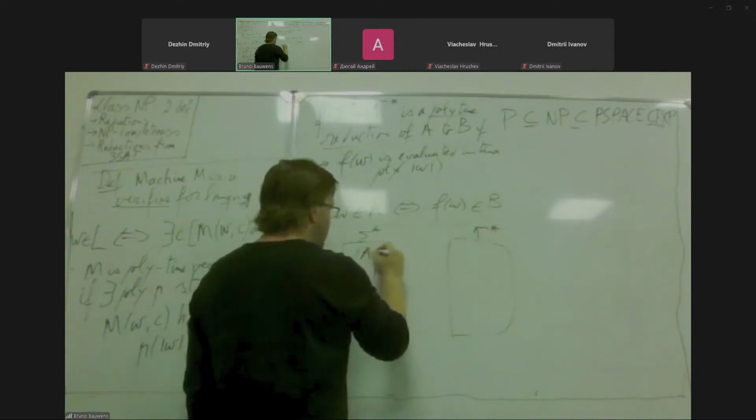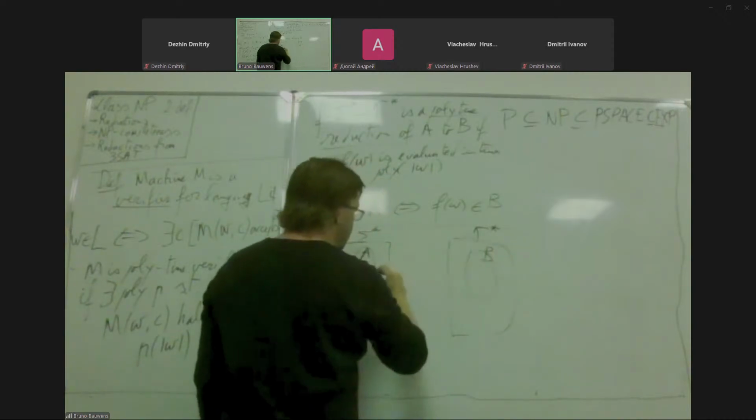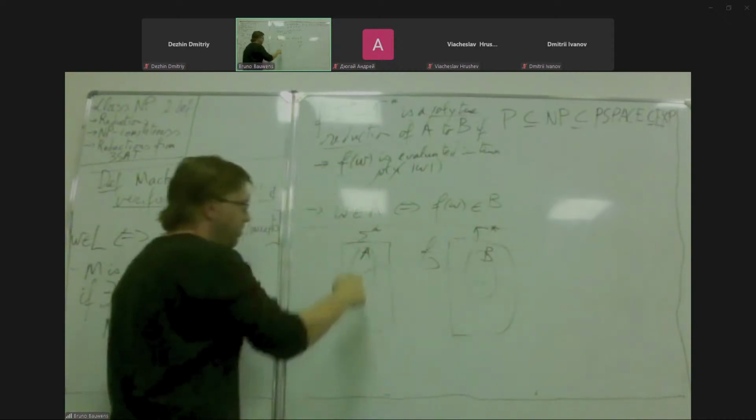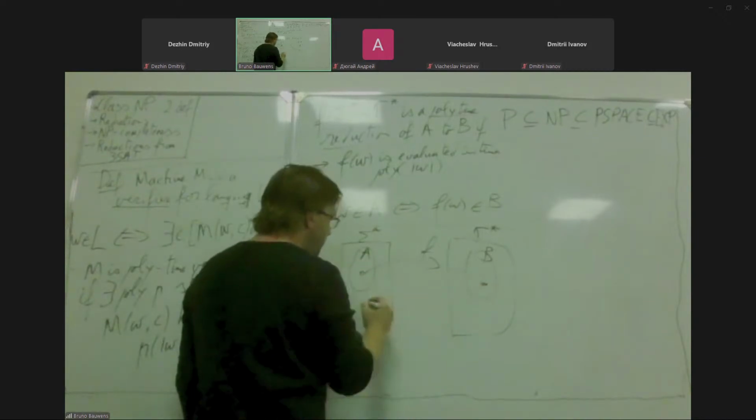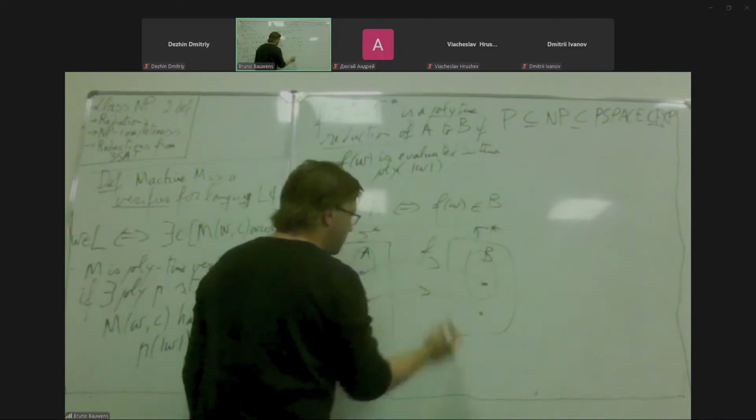Then we have a set A, a set B, and F maps problems inside A to B, and problems outside A also to outside B.